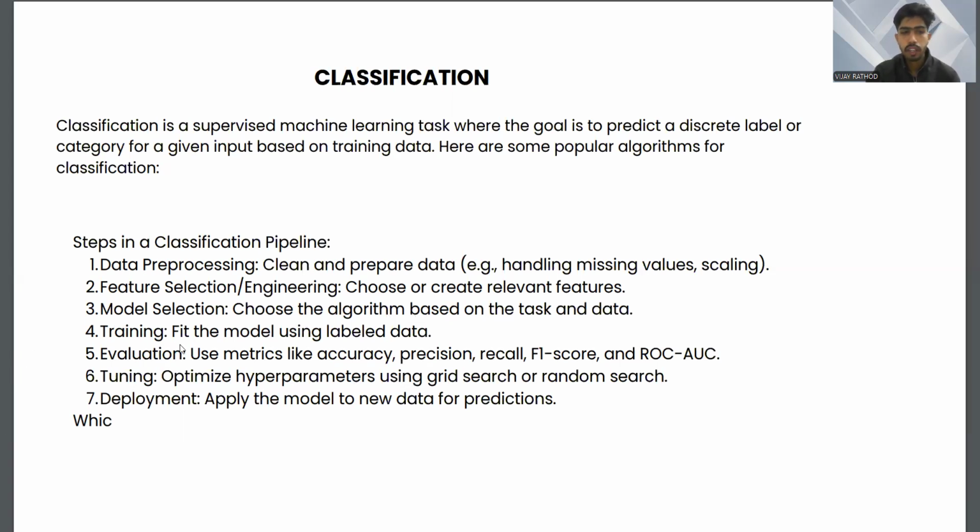Fourth is training, fitting the model using the labeled data. Fifth is evaluation using metrics like accuracy, precision, recall, and F1 score. Sixth is tuning, optimizing the hyperparameters using grid search or random search. And the seventh, the last in the classification pipeline, is applying the model to new data for predictions.